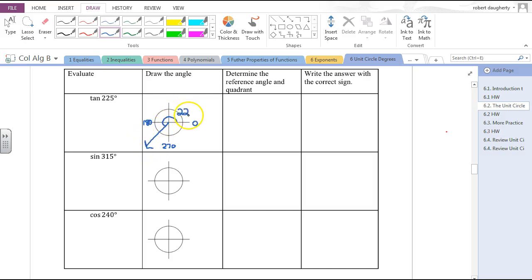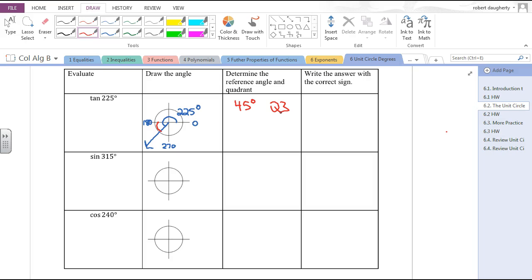So if that's 225 degrees, what is the central angle? Yeah, that's a 45-degree angle. So that's a 45-degree angle, and in which quadrant does it lie? Quadrant 3. Okay. Now, on the unit circle, what's the definition of the sine coordinate?